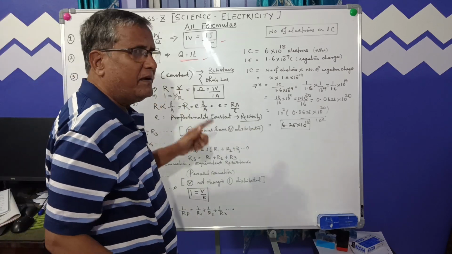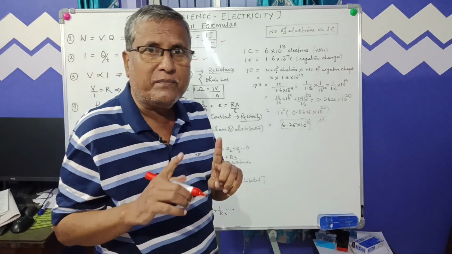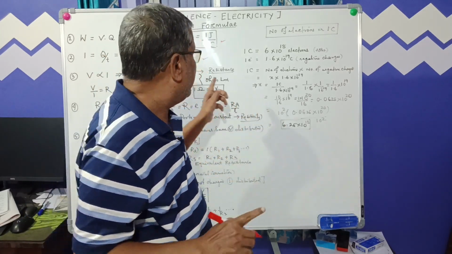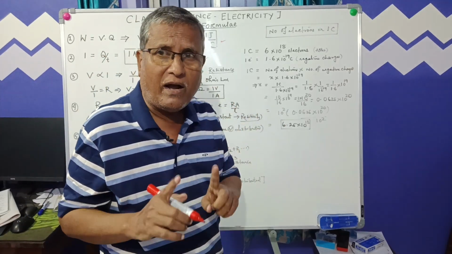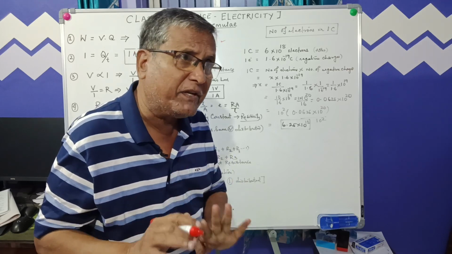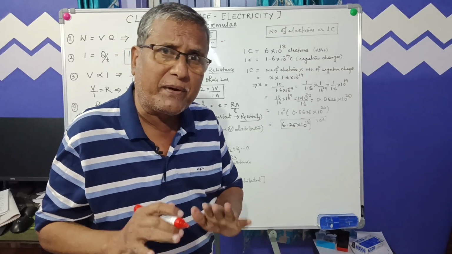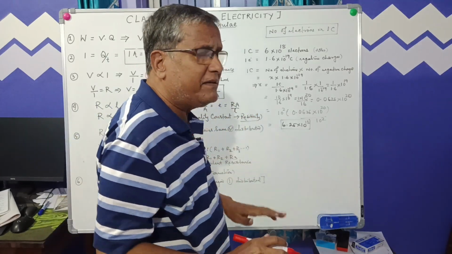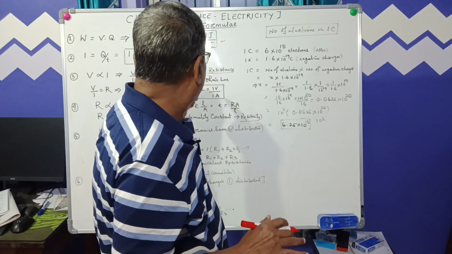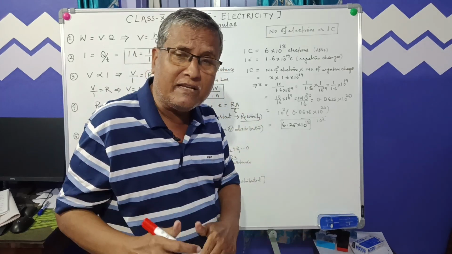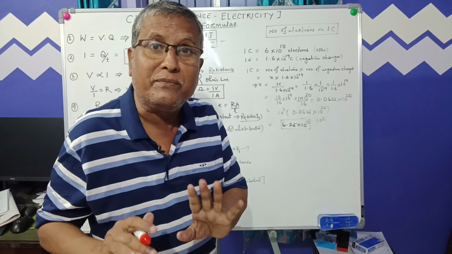R is a constant for a given metallic conductor at a particular temperature, and that is the property of that metal, and it also changes due to the application of heat.